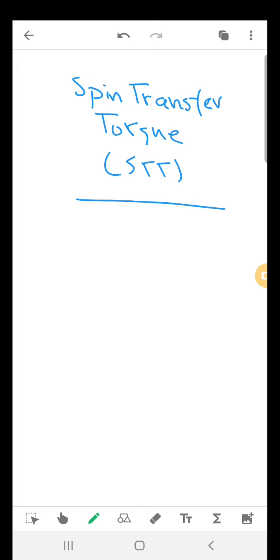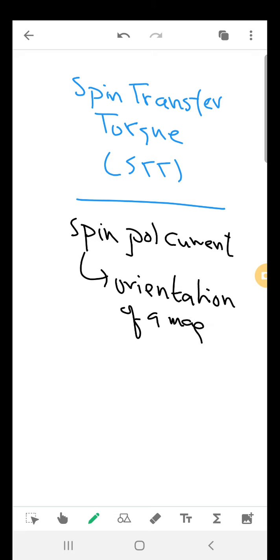So using a spin polarized current, we can change the orientation of a magnetic layer. That means the direction of magnetization, whether it will be in this direction or in this direction, can be affected by the spin polarized current.